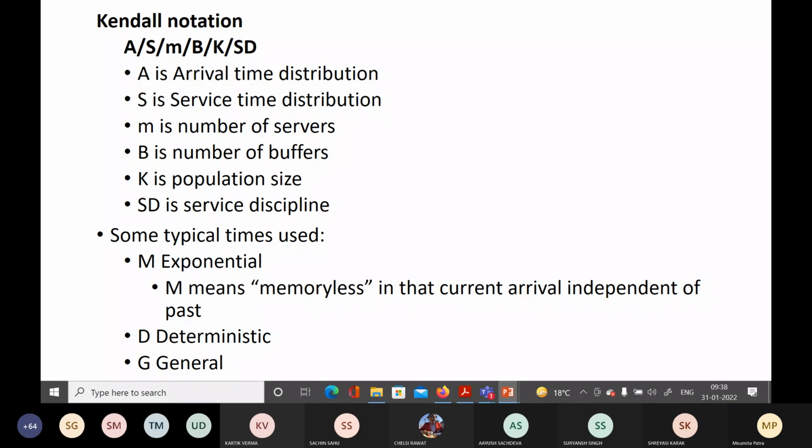I know the formula: probability of x greater than s plus t given x greater than s, then it will be considered as probability of x greater than t only.